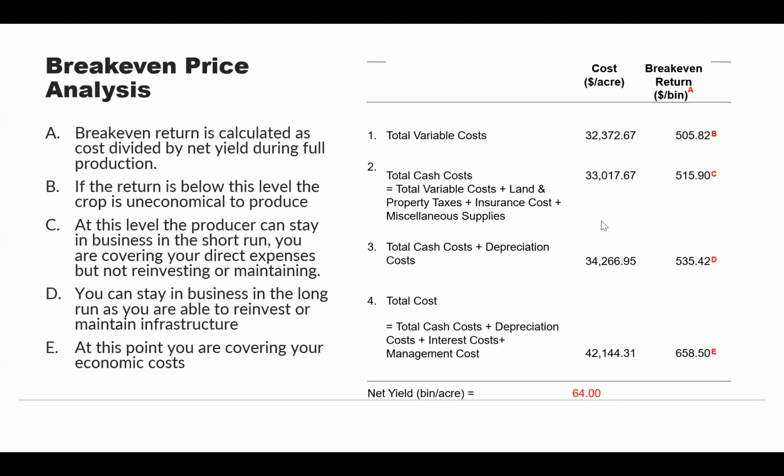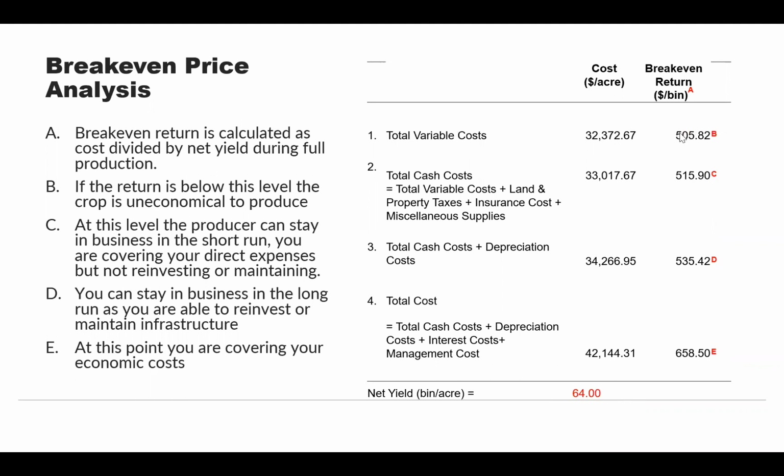So these are calculated from your enterprise budget, and if your net yield, your bins per acre, is 64, at your break even, in order to cover your total variable costs, you would need to get $505 per bin. This is where you're just covering your variable costs.